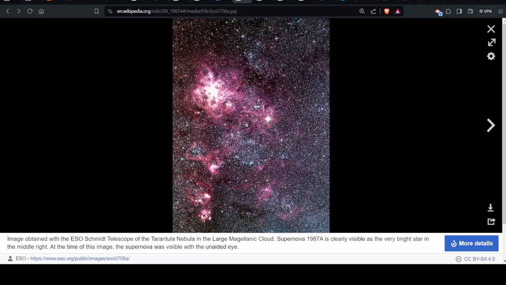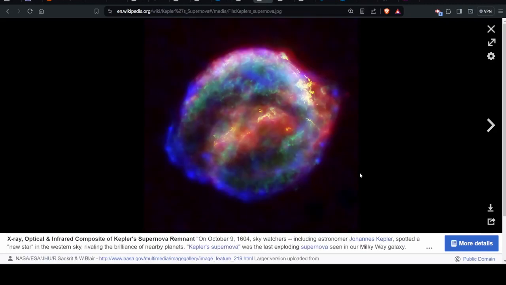Kepler's supernova was a type 1a. It's a picture here of it. It was in the Milky Way galaxy, and we haven't seen one since. And this was in 1604. So SN 1987A was the closest one since this one, though supernova 1987A happened in the Magellanic Cloud.